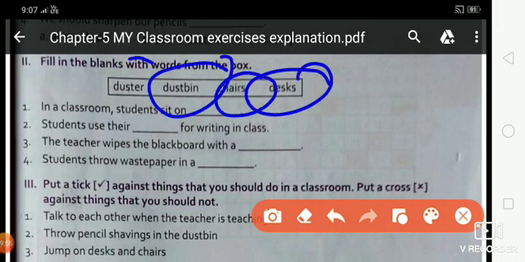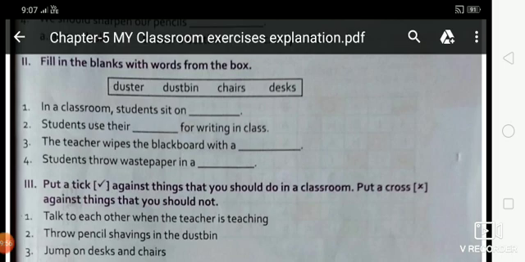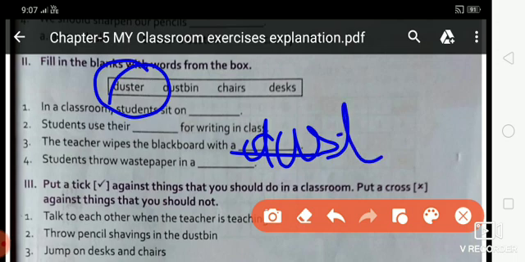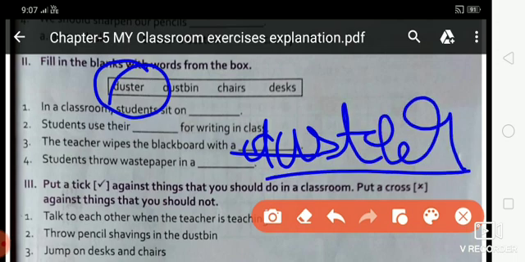Is it dustbin or duster? You all know the teacher uses a duster for wiping the board in the classroom. So duster is the correct answer. You have to write duster here. Duster. Is that clear?